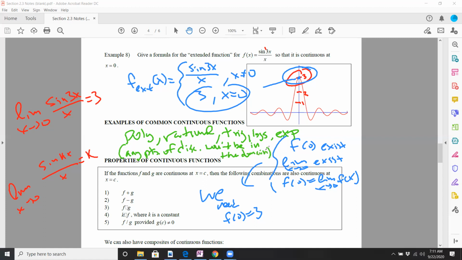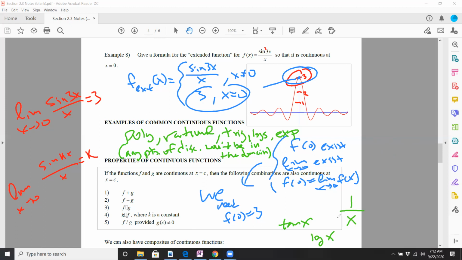discontinuities happen for rational functions like 1 over x, or for trig like tangent x, or for logs like log x. There are parts of the functions that are not going to be defined necessarily, but they're not part of the domain though, right?